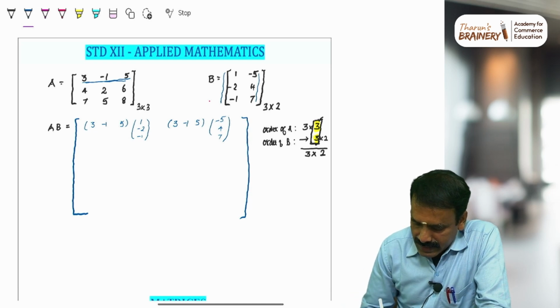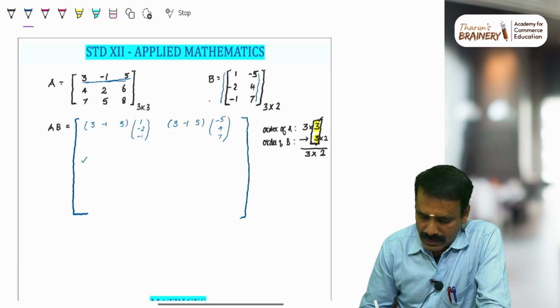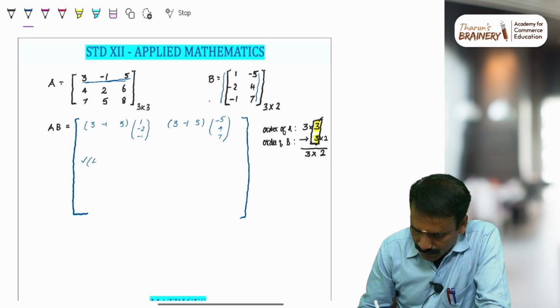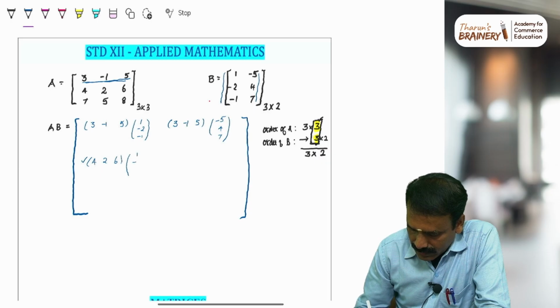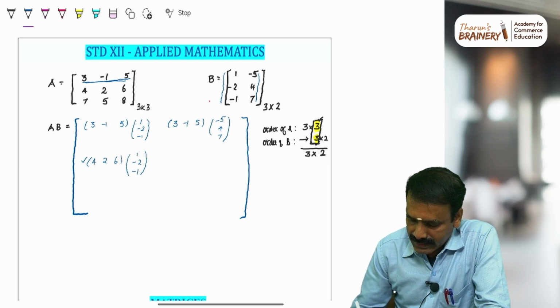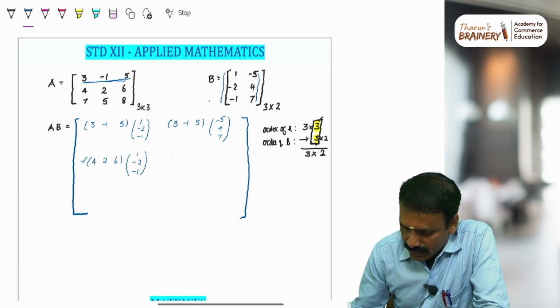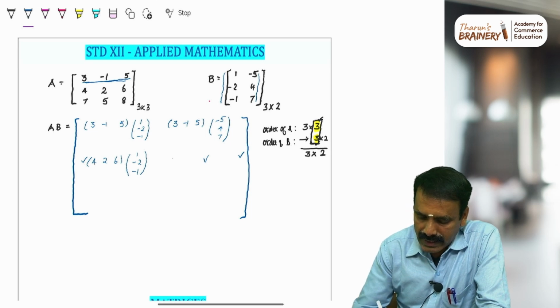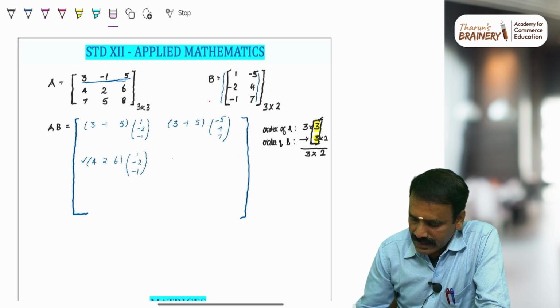Next, this element is going to be second row, first column. So I am going to consider the second row of the first matrix, which is 4, 2, 6, and the first column, 1, minus 2, minus 1. Again, this position is second row, second column, correct? So how to find this particular element?